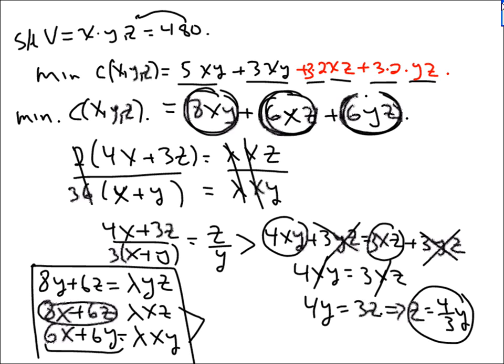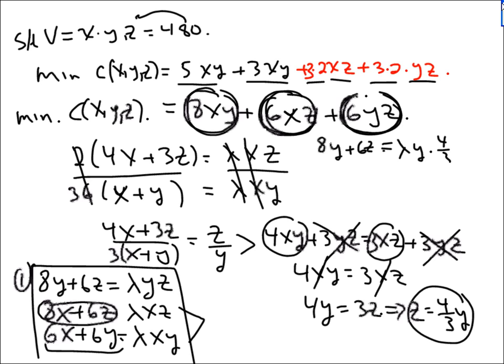Okay, so what can we do from here? Using what I'm calling equation number 1, I know that 8y plus 6z is equal to lambda times y times z.